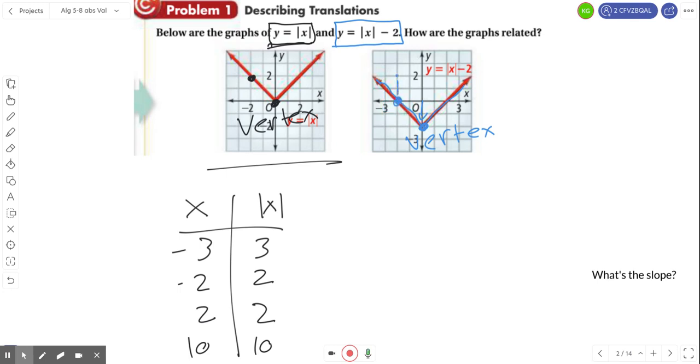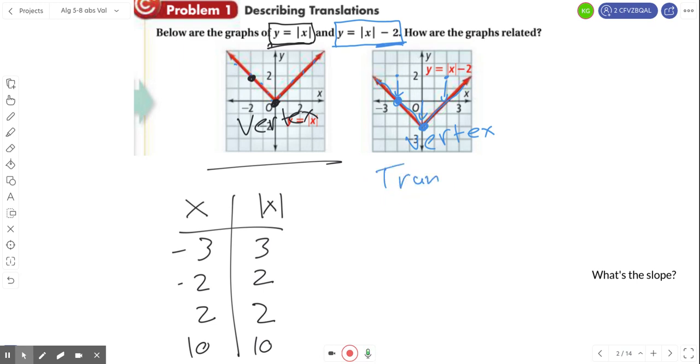Same thing on the other side. Any point on the line on the left got translated down when we did this -2 to the equation. So we would say that is the graph of the absolute value function, translated down 2 units.